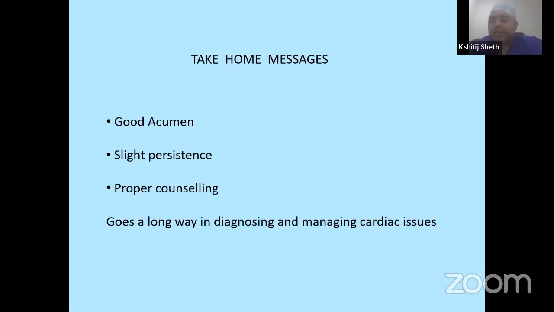So in SVT, as in AV nodal reentrant tachycardia, there are latent pathways. So what we do in management is, after conversion with adenosine, we give antiarrhythmic medication for 2 to 3 years. There is always a bimodal presentation.